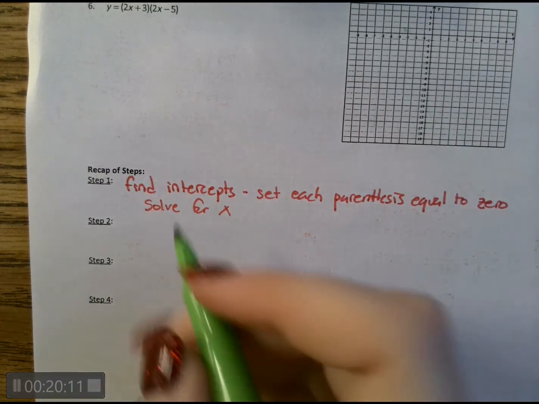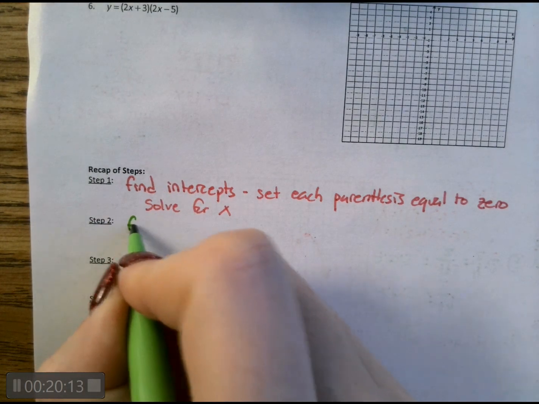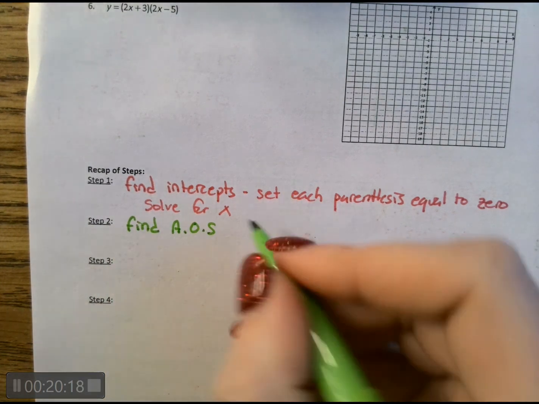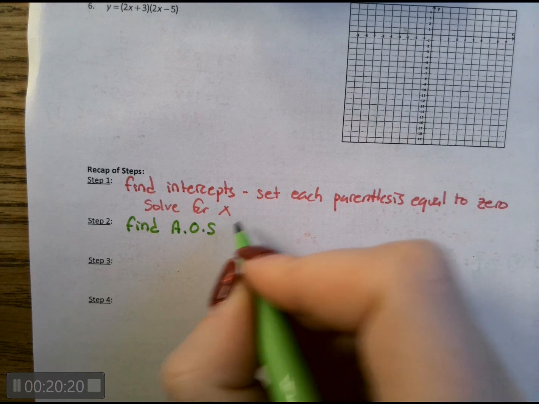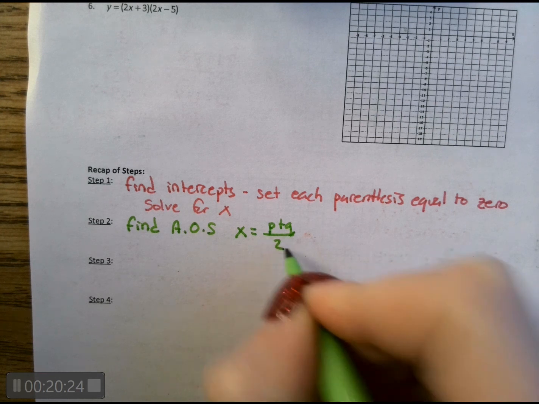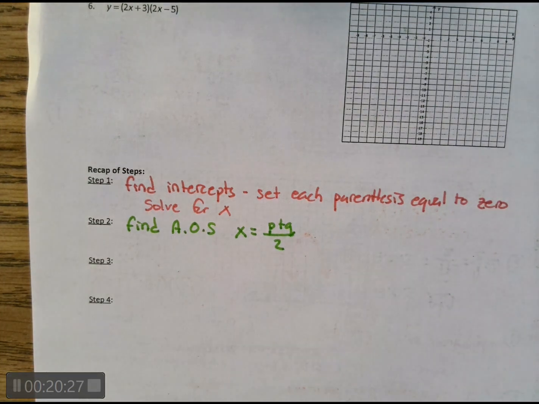Step 2 is that we find our axis of symmetry by the equation x equals p plus q divided by 2.